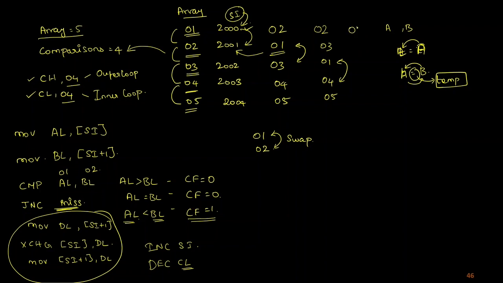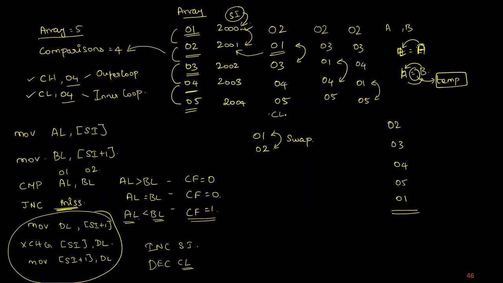So the next arrangement is 02, 03, 04, 01 and 05. After that, these two have to be compared so that it will be 02, 03, 04, 05, and 01. Till this, it is your iteration 1. So your count value, the CL value, has to be decremented here.